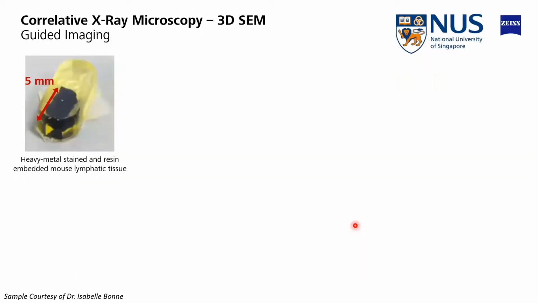So let me provide you with work that I did with Dr. Isabel Bon from the National University of Singapore, where we were looking into a heavy metal stained, resin-embedded mouse lymphatic tissue preparation. And here, this is one of those typically embedded resin blocks. The dark structure here is actually our target, and this can again be on the scale of millimeters in the worst case.